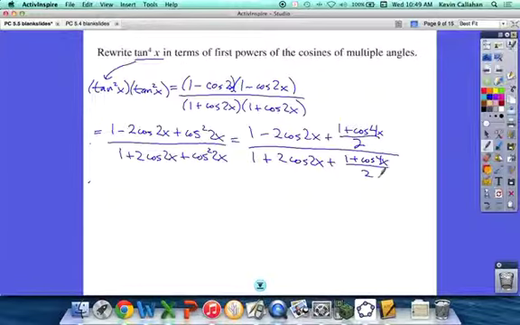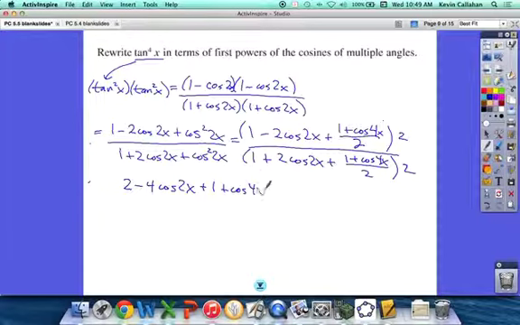Whatever you do to the top, you got to do to the bottom. In the numerator, you're going to get 2 minus 4 cosine 2x, and then the 2's cancel, so plus 1 plus cosine of 4x. The denominator will be 2 plus 4 cosine 2x plus 1 plus cosine of 4x.